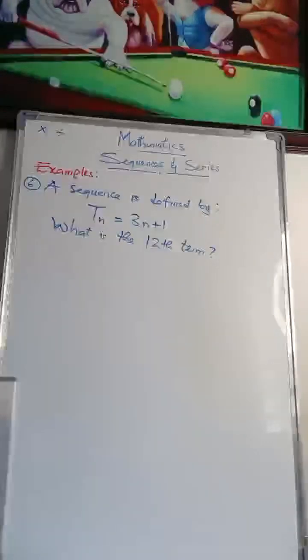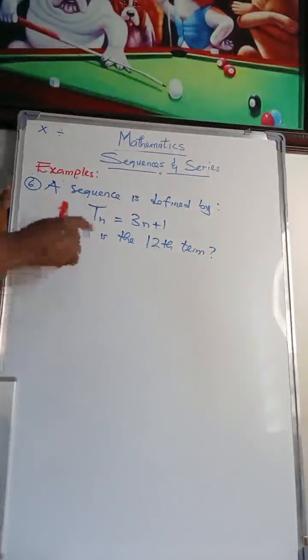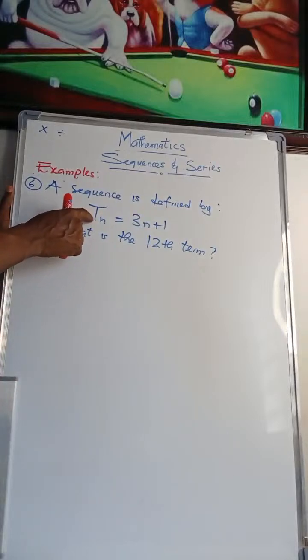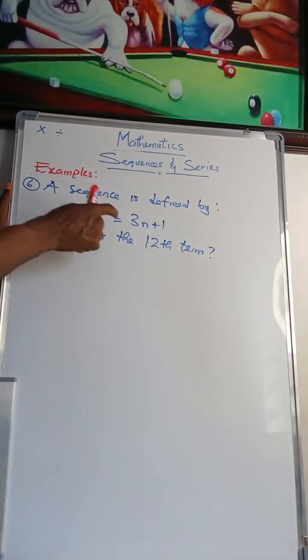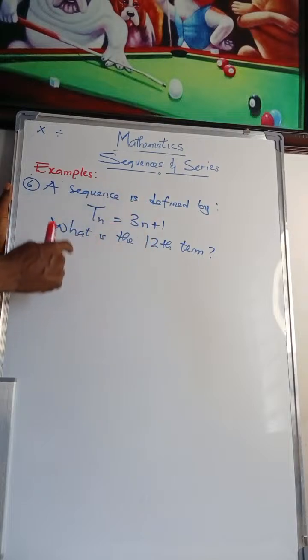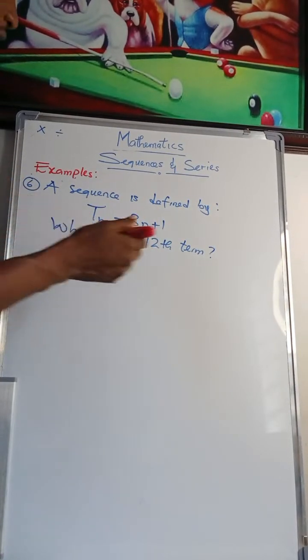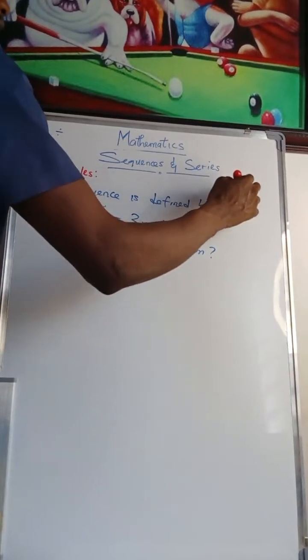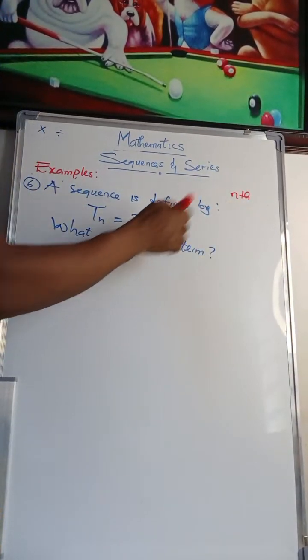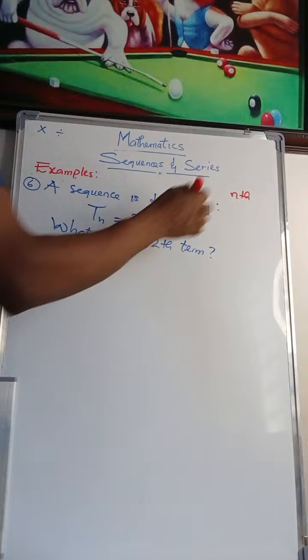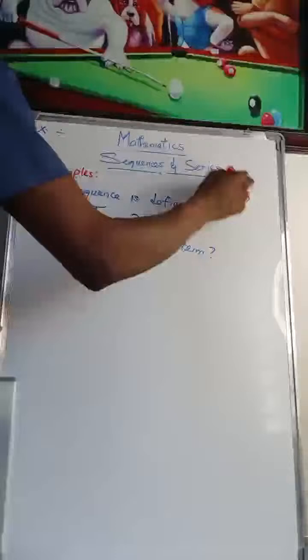All right, we don't know the common difference, but the only thing we know is that we have a sequence which is defined by this, and we have to find the 12th term. Now, if you have the nth term and you have to find the 12th term, it means that n equals 12.